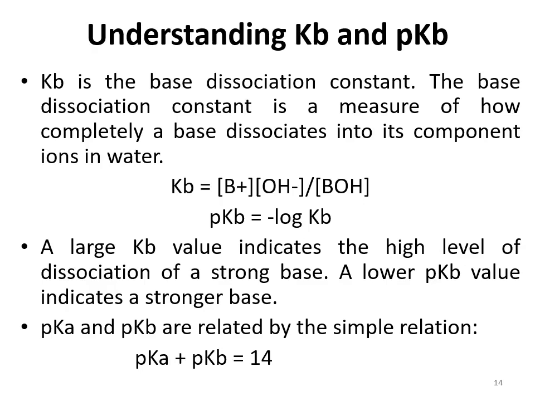And if we have a weak base, we will have a smaller Kb value but a larger pKb value. pKa and pKb are related by the simple relation pKa plus pKb is equal to 14.